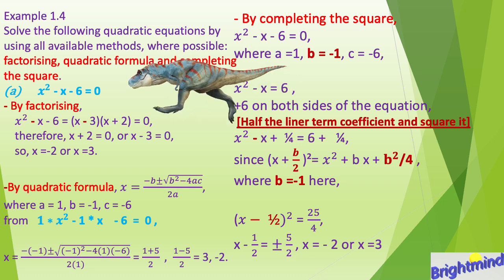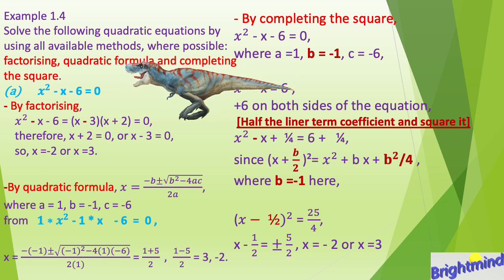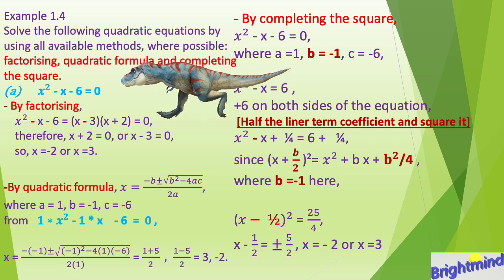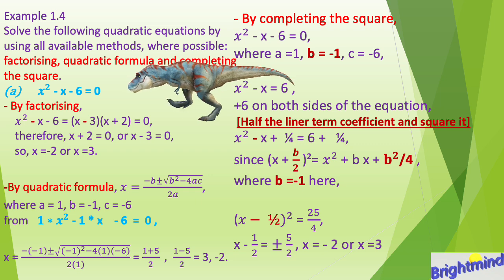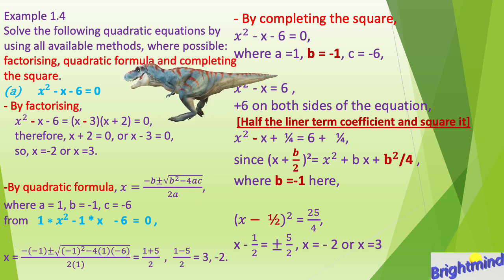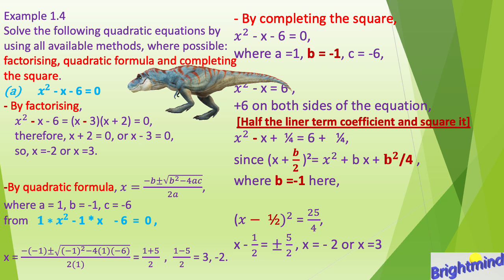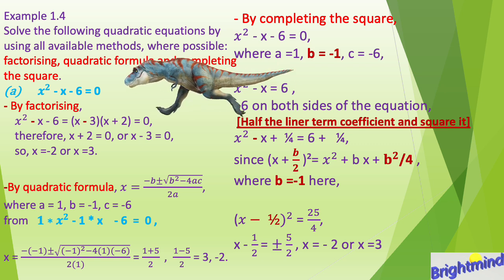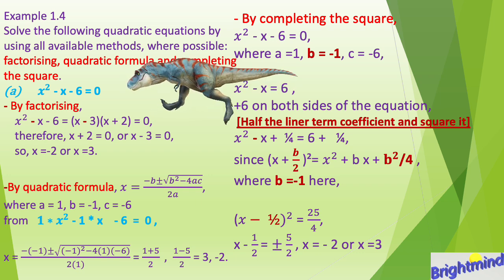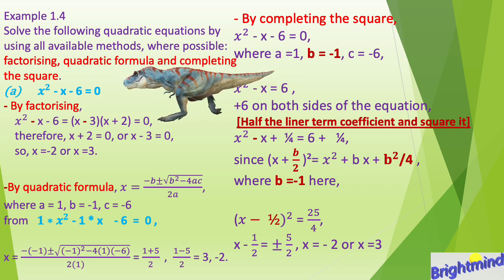So you can get (x minus half) squared, according to (x plus half b) squared equals x squared plus bx plus b squared over 4. And the right-hand side, 6 plus a quarter, is 6 and a quarter, which is 25 over 4. Therefore, you completed the square.